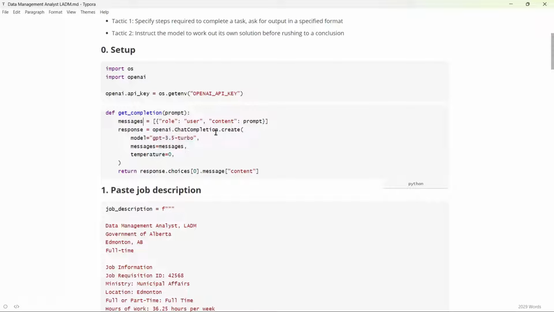In this case, we have two roles, actually only user. You could have a system and a user. Then you return the response, pick the first one, and extract the content from the message. So this is very, very typical.